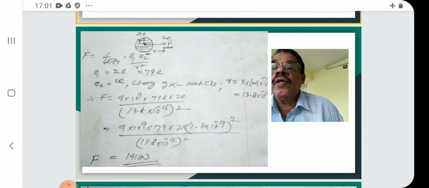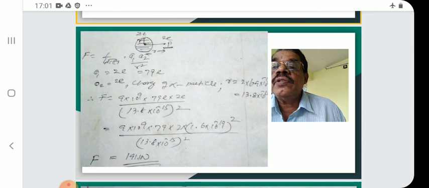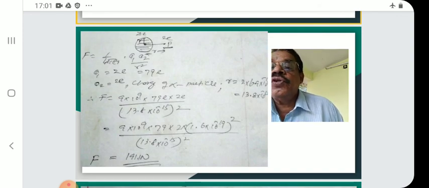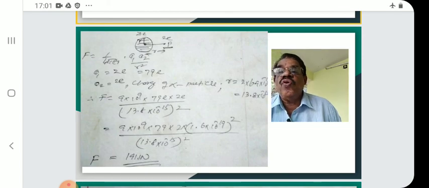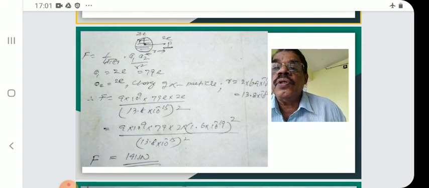Proton charge is small e, so Q1 is 79 e. Q2 is alpha particle charge. Alpha particle charge is 2e, 2 into electronic charge. You know, alpha particle is 2He4. So the charge is 2e.